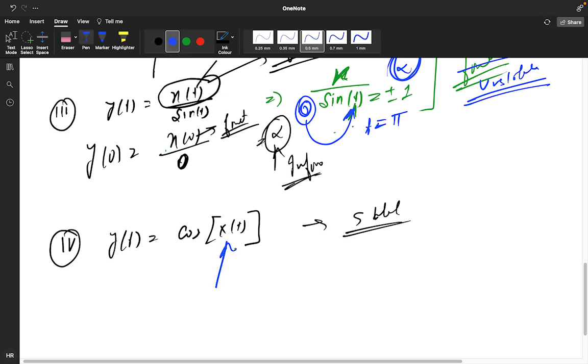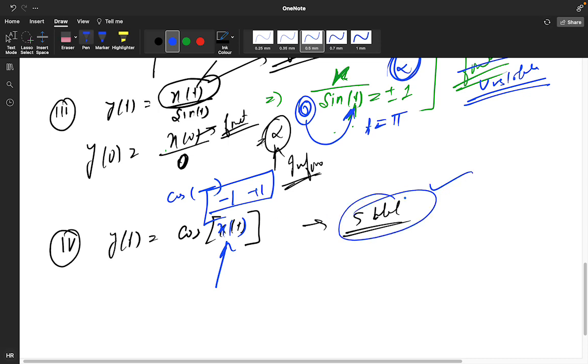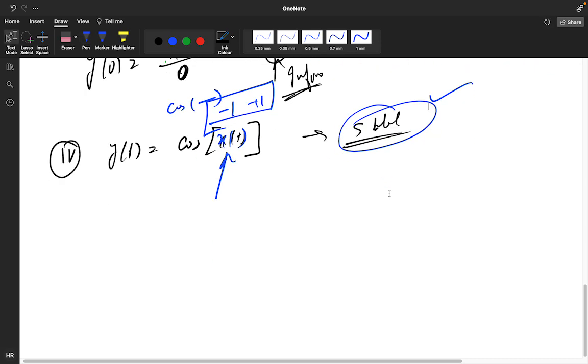Whatever finite input you put in x of t, the value of the cos of any function will fluctuate from minus 1 to plus 1. Even if it is 0, 0 is a finite value, so we will get a stable function, stability.